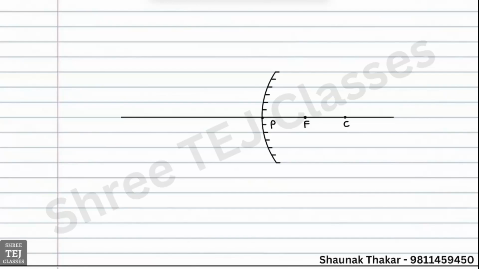As we did in the case for concave mirror, the first ray will be parallel to the principal axis. Principal axis is the line passing through pole of the mirror and center of curvature. So the ray of light incident is parallel to the principal axis.